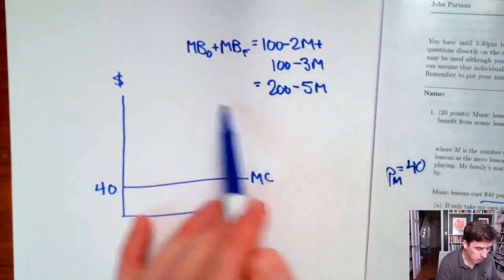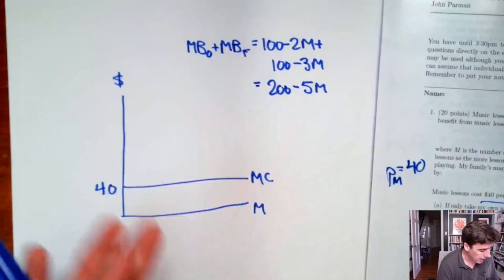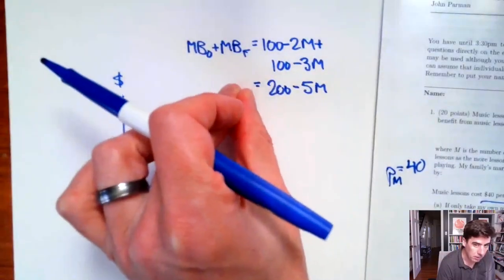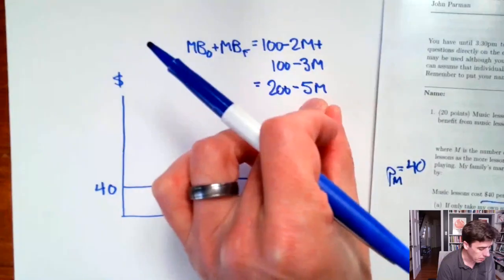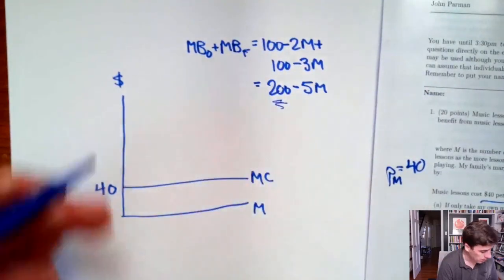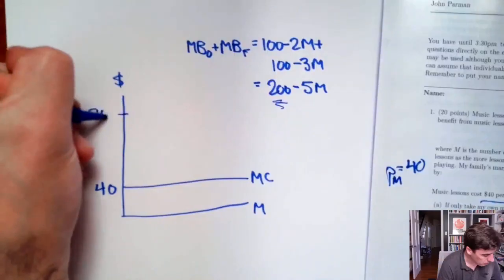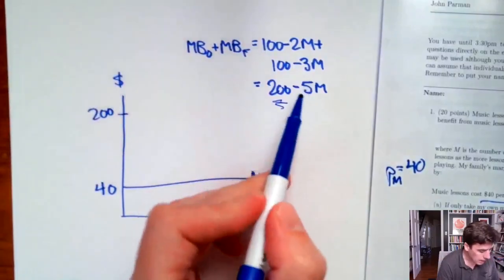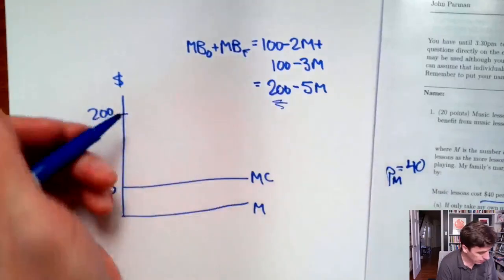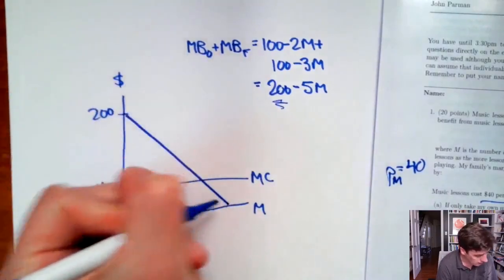So this equation is already written up in the way that I can graph it directly, because it's the vertical axis variable as a function of the horizontal axis variable. So that means that this number right in front is my vertical intercept. So that's going to be 200 here. And then it's going to have a negative slope of minus 5. So it's going to come down as a straight line like this.